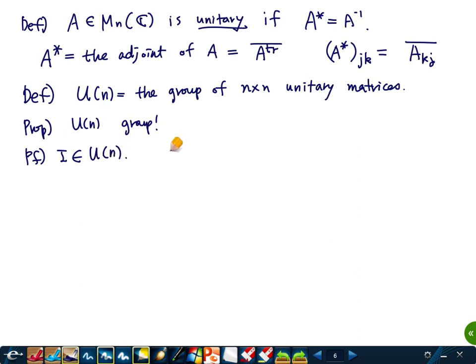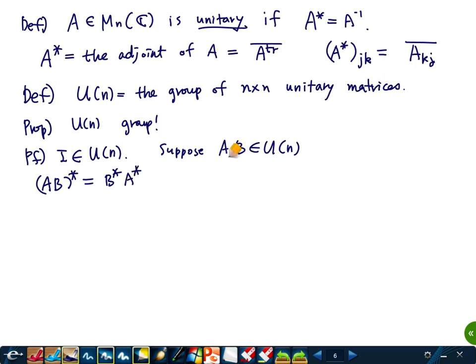And suppose we have two unitary matrices. So their multiplication must be unitary. So (AB) star: we want to know whether this is the inverse of AB, but this adjoint can be computed like that.